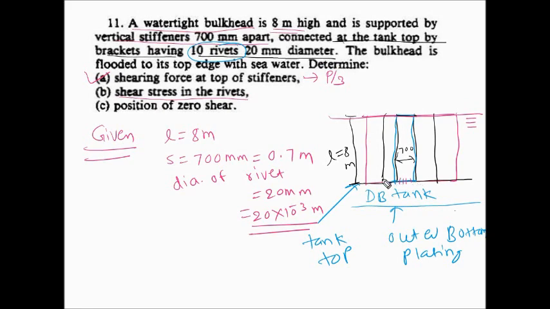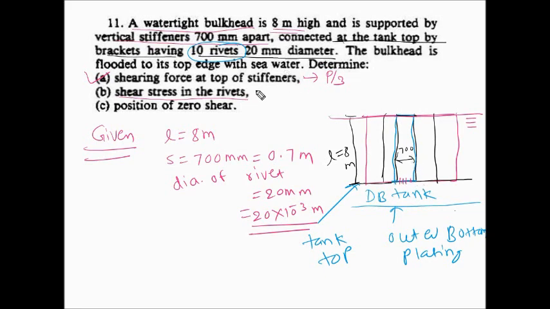The bottom of the bulkhead is the tank top, where we have made the connection of the bulkhead with the tank top with the help of rivets. So these rivets are there at the tank top, or you can say at the bottom of the bulkhead.